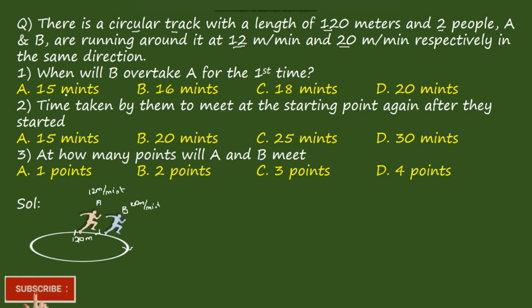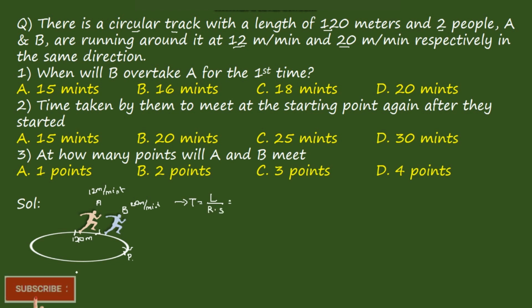Now the first question: when will B overtake A for the first time? A and B would be meeting at a point, overtaking each other. We know the formula: the first time A and B meet, the time taken T is L by the relative speed.